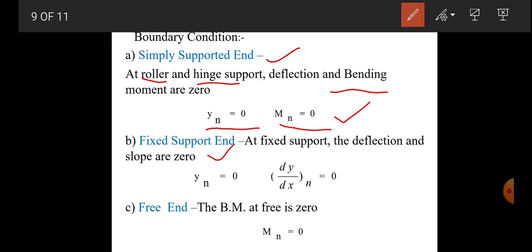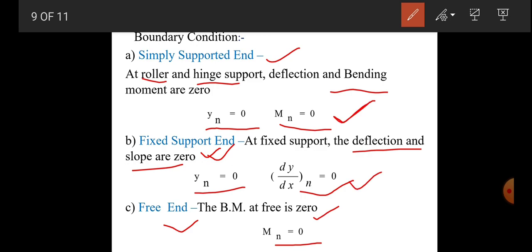Then for a fixed end support, the deflection and slope are zero. So deflection yn is equal to 0 and the slope is also 0. These two boundary conditions are available for fixed support. Then for a free end, the bending moment at the free end is 0. So by using these boundary conditions we can solve the simultaneous equations.